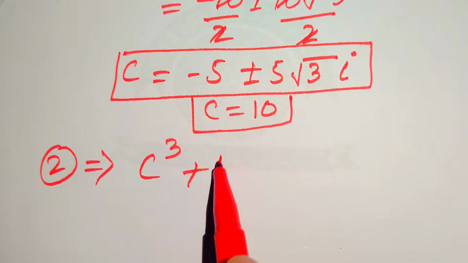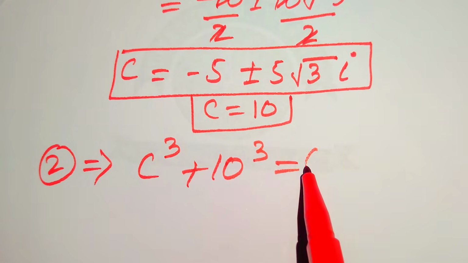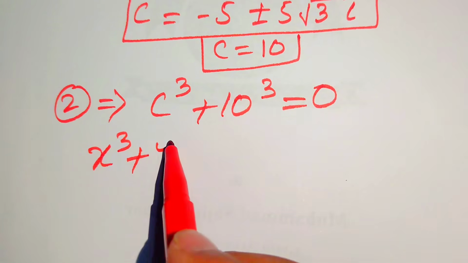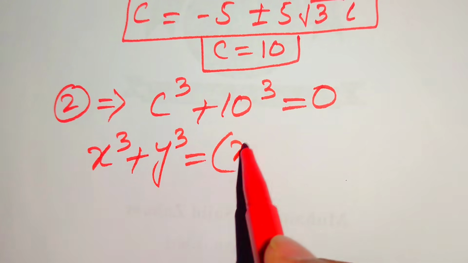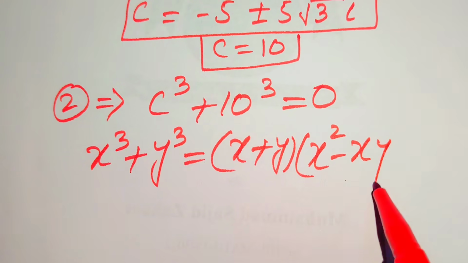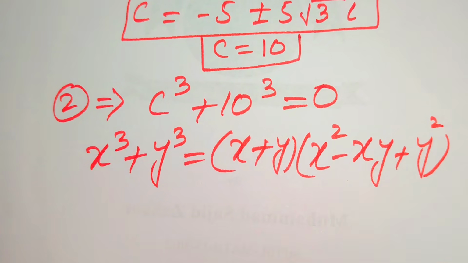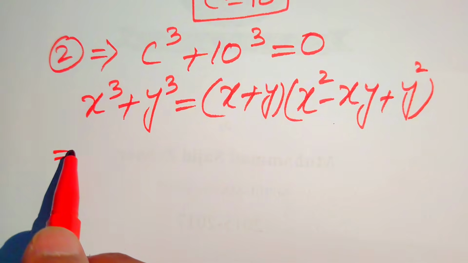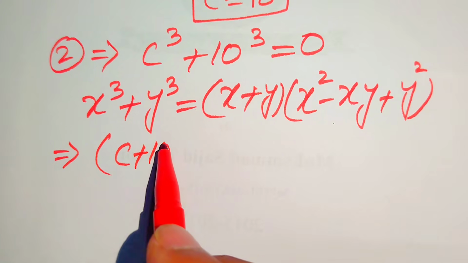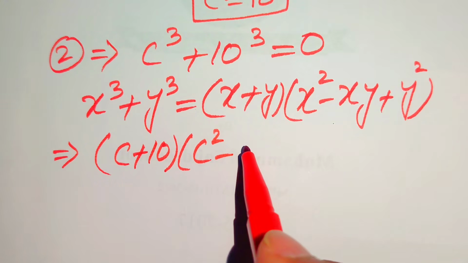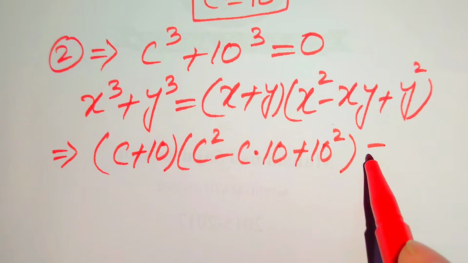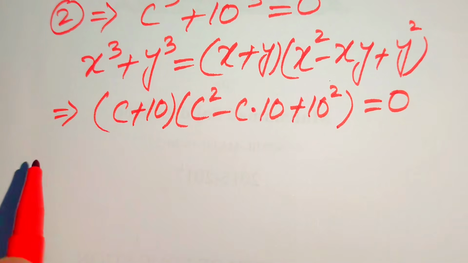It is c cubed plus 10 cubed equals 0, and here we use another cubic formula. You know that x cubed plus y cubed equals x plus y times x squared minus xy plus y squared. According to this formula, we write the left hand side of our equation as c plus 10 times c squared minus c times 10 plus 10 squared, and this whole equation equals 0.